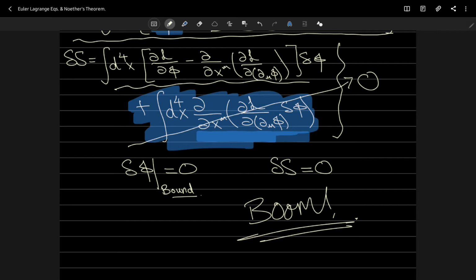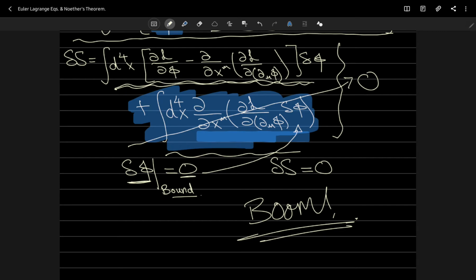And why is that again? Well, that is simply because this integral is evaluated at the boundaries, but we know at the boundaries that delta phi is 0. So once I replace this in, this would just vanish. It would give me 0. Right. So we are just left with this integral then, this one.